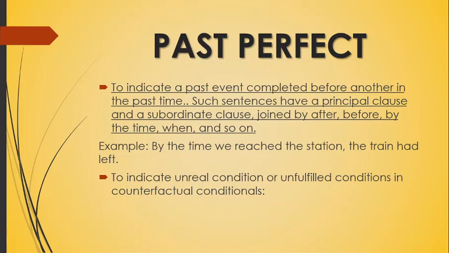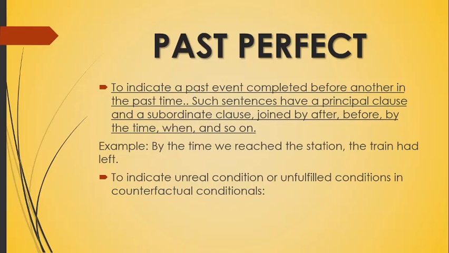So the train had left becomes past perfect tense. And the action that happened afterwards, our reaching the station, becomes simple past: we reached the station. And as you can see, these two clauses are joined together by the time indicator, by the time.